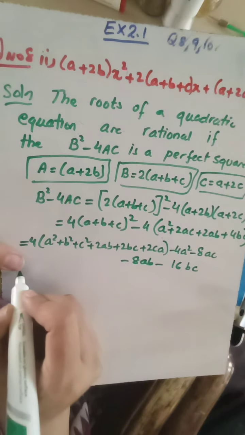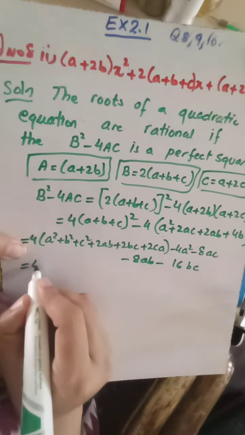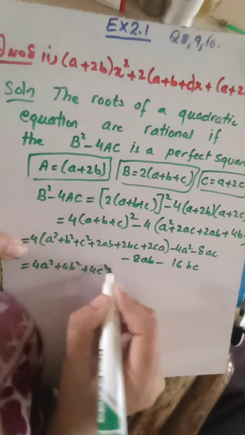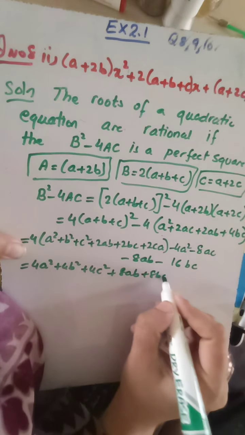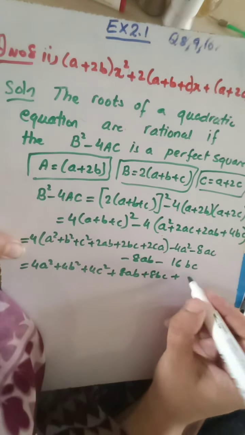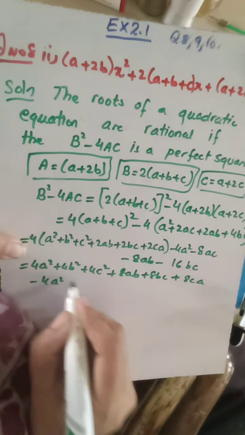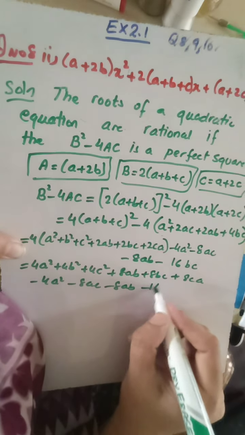Now multiplying 4 with this expression, we are going to get 4a square plus 4b square plus 4c square plus 8ab plus 8bc plus 8ca minus 4a square minus 8ac minus 8ab minus 16bc.